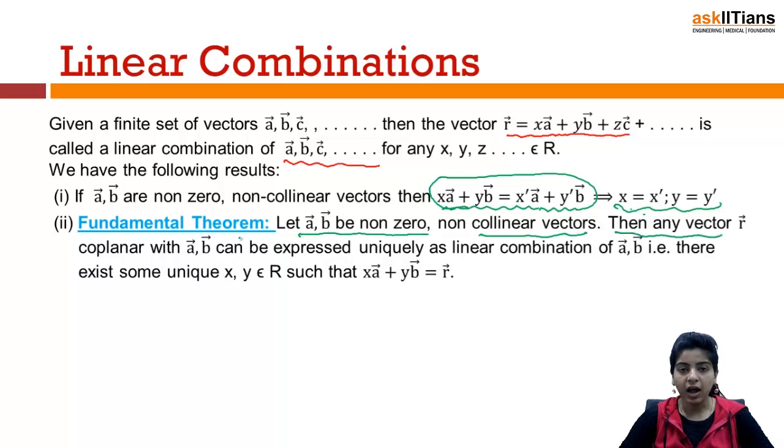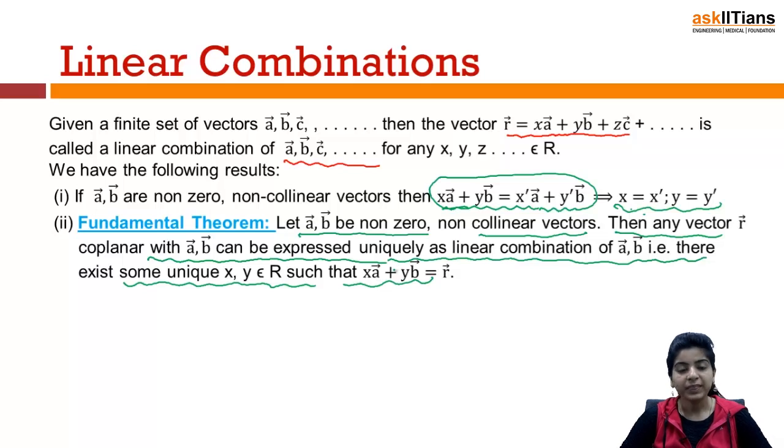Then any vector R coplanar with A and B can be expressed uniquely as a linear combination of A and B. That is, there exist some unique x and y belonging to R such that xa plus yb would be equal to R. That just means suppose we are given two non-zero non-collinear vectors A and B, then if we have another vector R coplanar with A and B, then that R can be represented as a linear combination of A and B. That is, we can write R as xa plus yb where x and y are some unique scalars, real numbers.